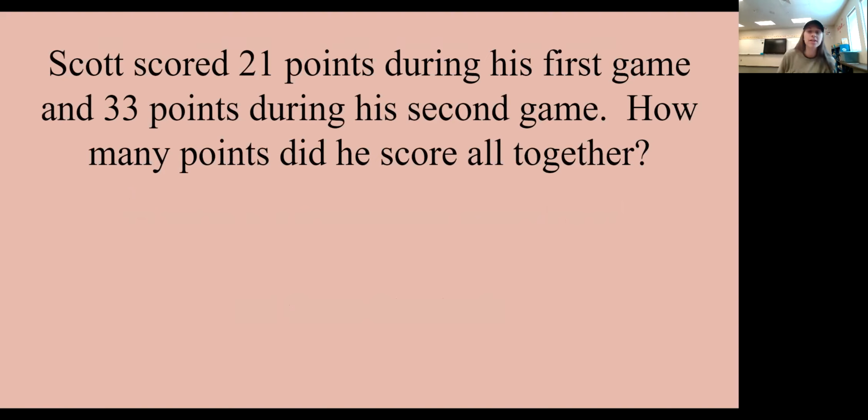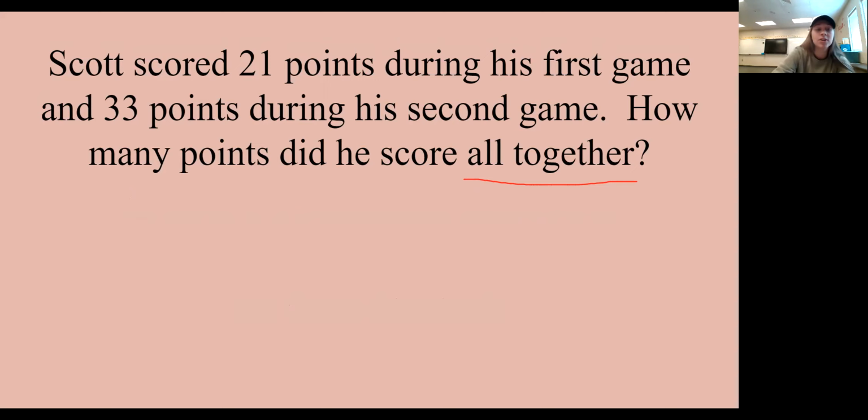Scott scored 21 points during his first game and 33 points during his second game. How many points did he score all together? So he scored 21, then he scored 33, and now we're trying to figure out how many points he scored all together. When you see those words all together, it should give you a hint.